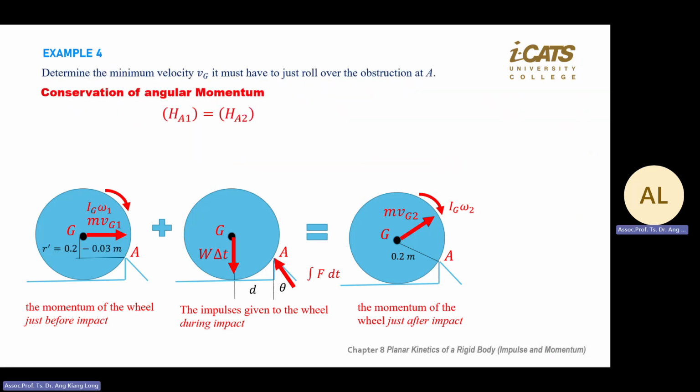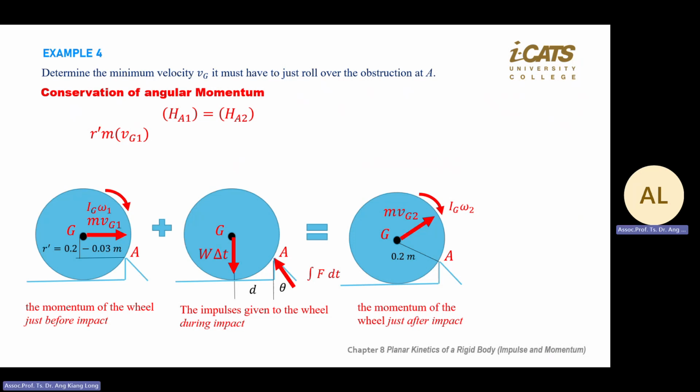So you use conservation of angular momentum, H1 before equals H2. So how to calculate angular momentum? You take mv multiplied by the perpendicular distance. So how to get this mv into a moment?